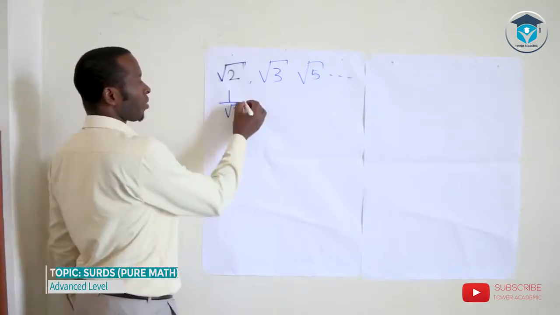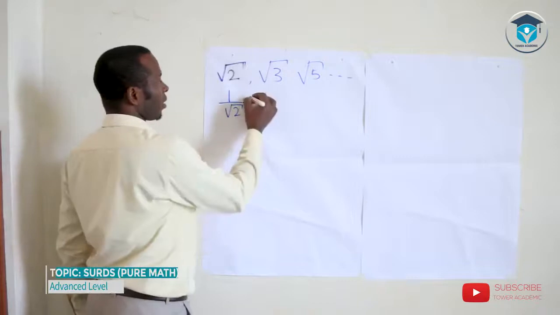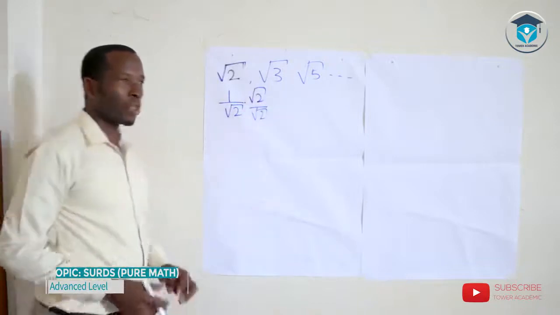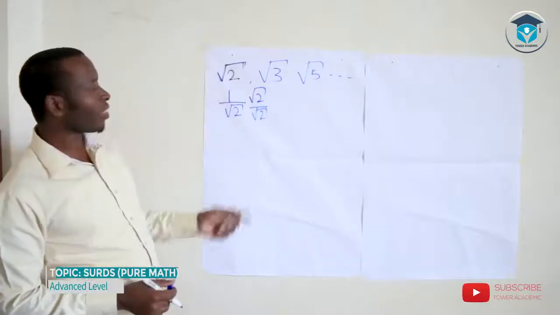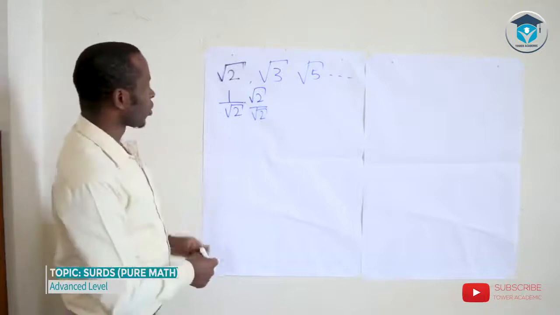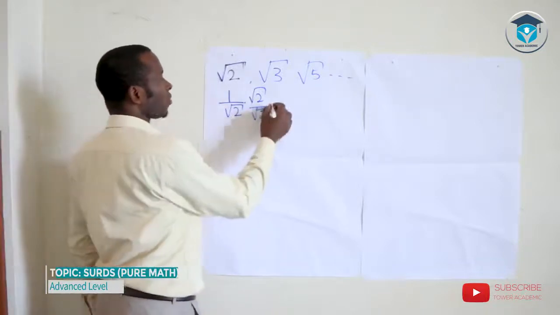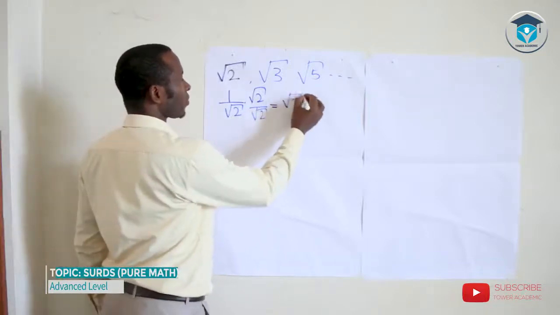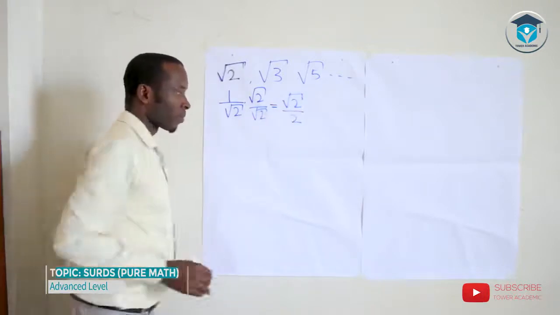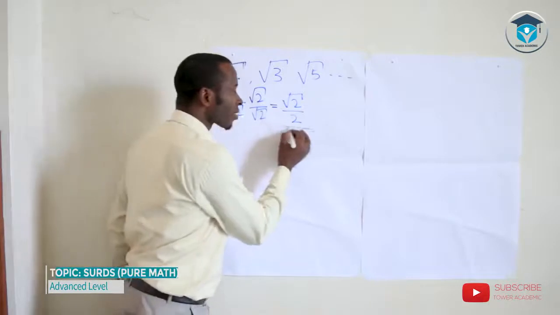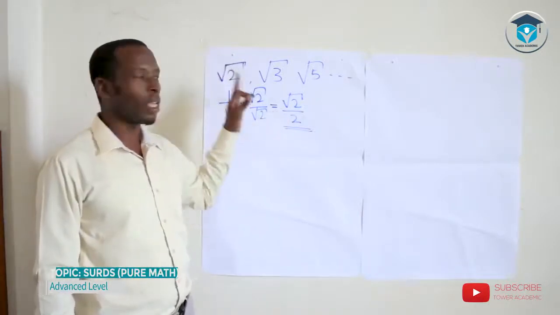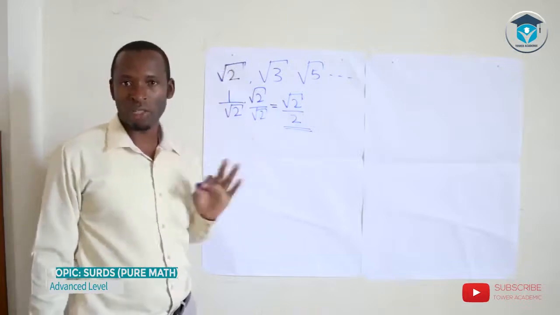I'm going to multiply both by root 2 and then root 2. So I'm introducing an innocent 1 here, in that when I cancel this, it still comes back to 1. So 1 times root 2, I'm going to get root 2. Root 2 times root 2, I'm going to get 2. So as long as the denominator has got no root form or Surd form, we have done what we call rationalizing.